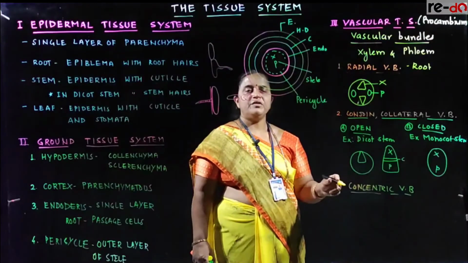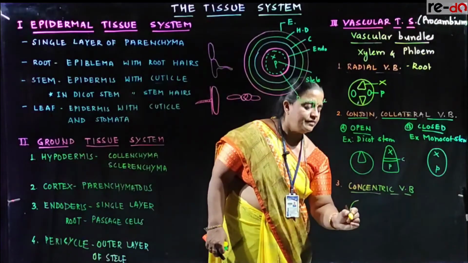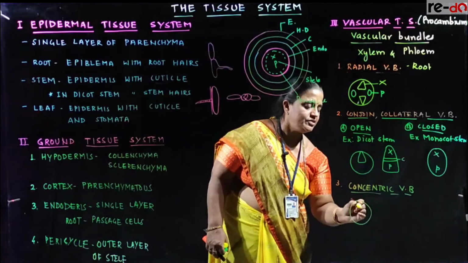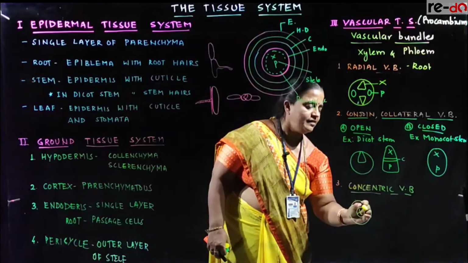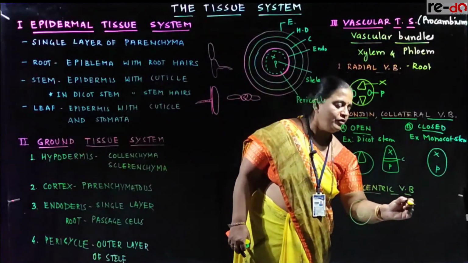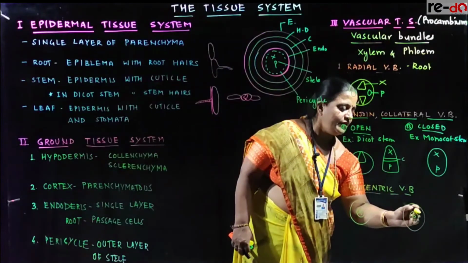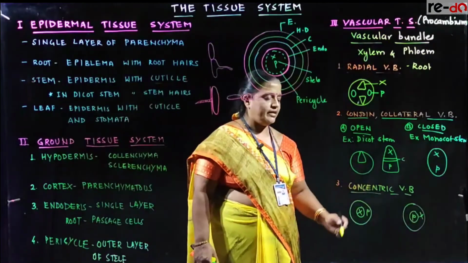These are usually found in aquatic plants. Here, see the diagrammatic representation. Xylem in the center, surrounded by phloem. There is one more condition, the opposite: phloem in the center, xylem surrounding.